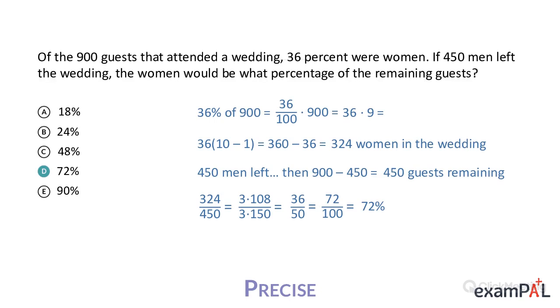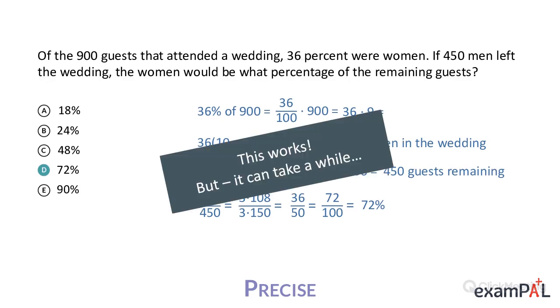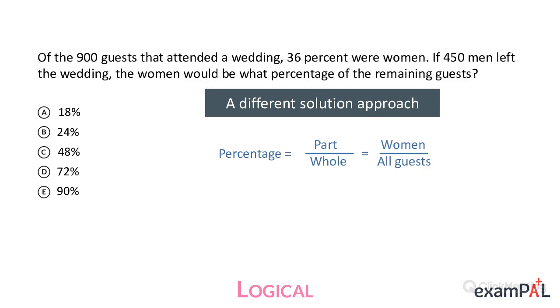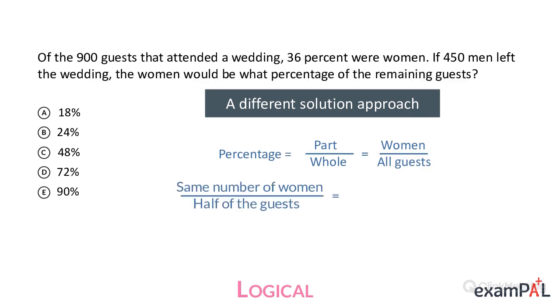And there's a fundamentally different way to approach this question, which I see some of you hinting at in chat. And that is what we like to call a logical approach. That is to understand that the percentage is the part over the whole. So if originally the women divided by all of the guests were 36%, we now have half of the guests. Of the 900 guests originally, 450 men left.